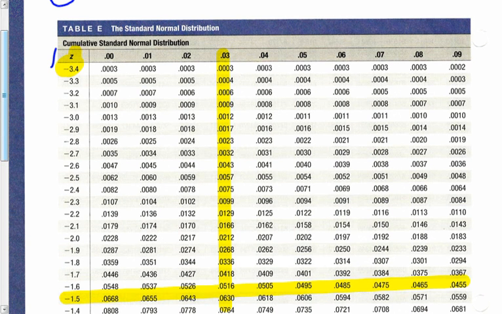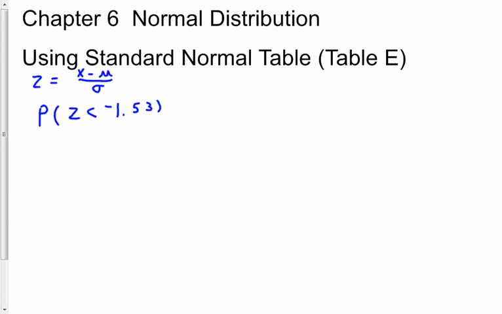So as you look at that, you'll notice that right there is 0.0630. So in answering that one, that would equal 0.0630, and it's always 4 place values.